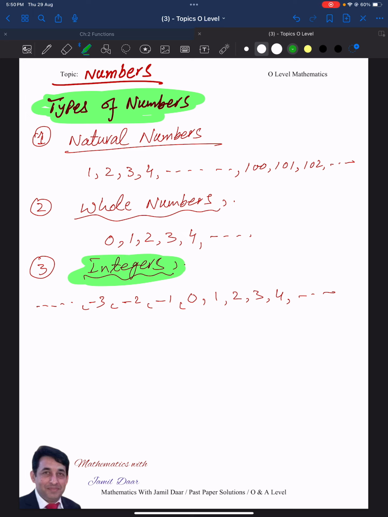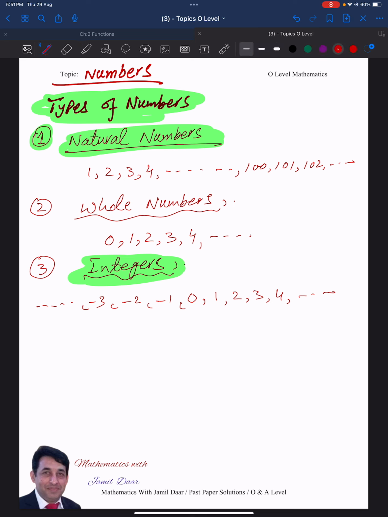Okay. So first we learned that natural numbers are the normal counting numbers, 1, 2, 3, 4, 5, 6, and so on.